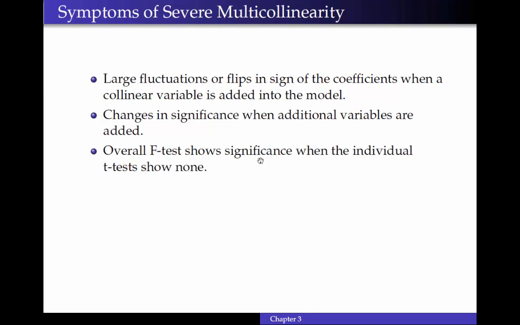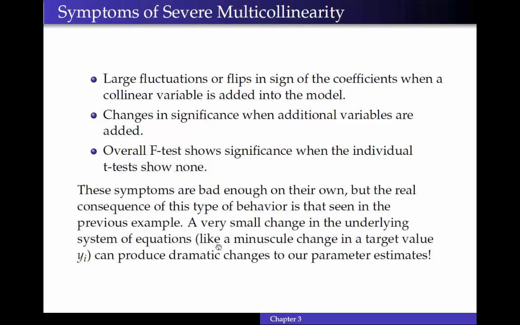And the overall F-test might show significance when the individual t-tests do not show any at all. So these symptoms are bad enough on their own, but the real consequence is that behavior that we saw in the previous example. Just a very small change in that underlying system can produce dramatic changes to our parameter estimates. It's really difficult to trust our results.